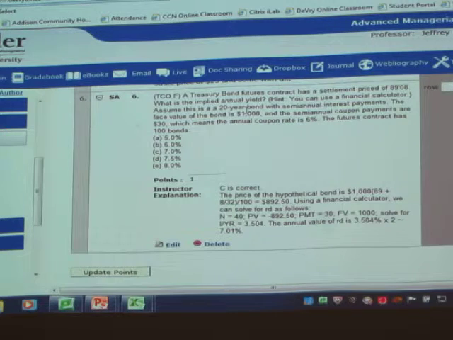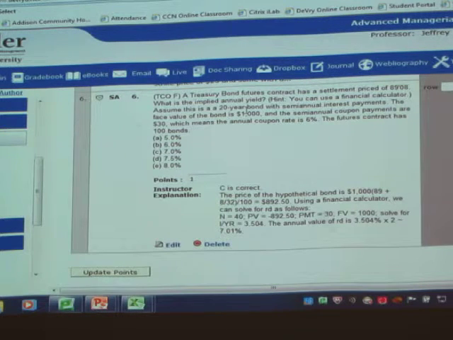When you input semi-annual data into the equation, it's going to spit out a semi-annual rate. You've got to multiply that rate by 2 to get the annual rate. If you put in annual data, it gives you an annual rate. If you put in semi-annual, it gives you a semi-annual rate, then you multiply by 2 to get the annual.